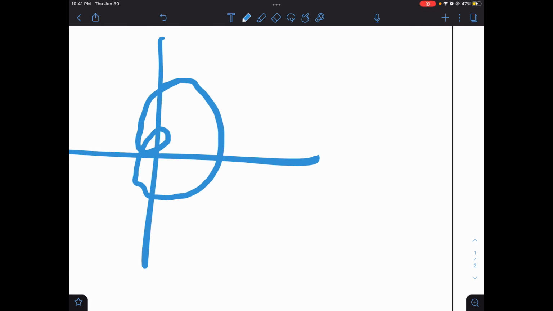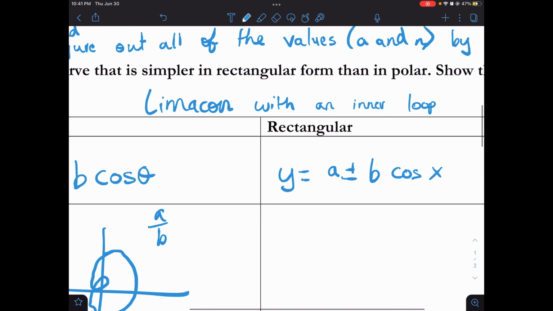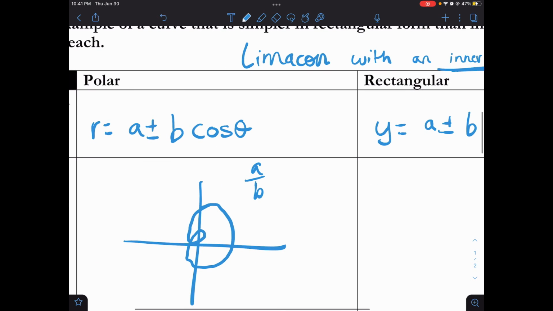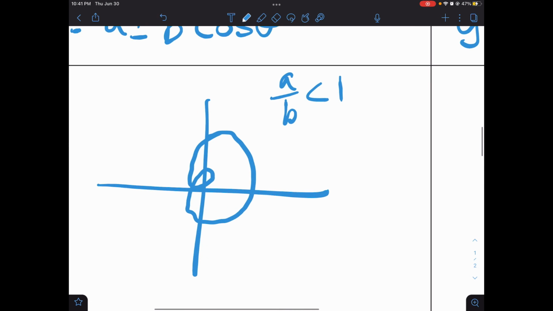So now we have to remember that in this case, if it's a limacon with the inner loop, a over b has to be less than 1. And then there are other kinds of limacons, so we can get it confused with that. So if we graph, this value is a plus b, just not a.